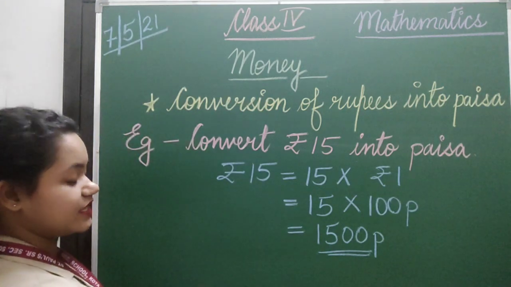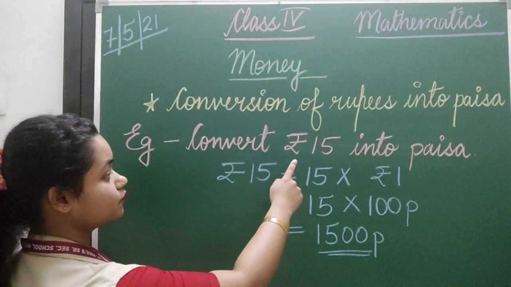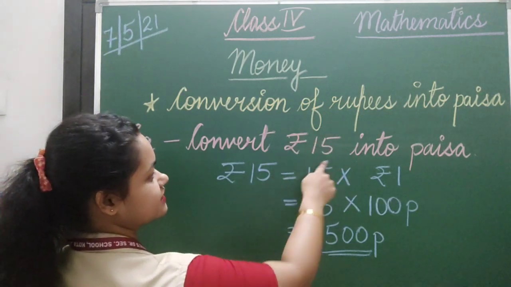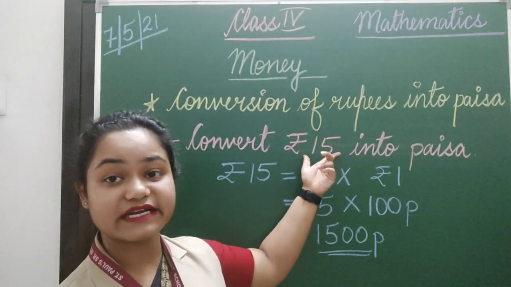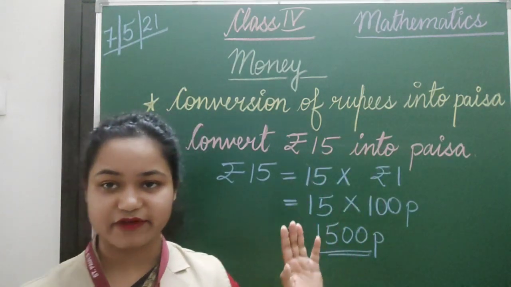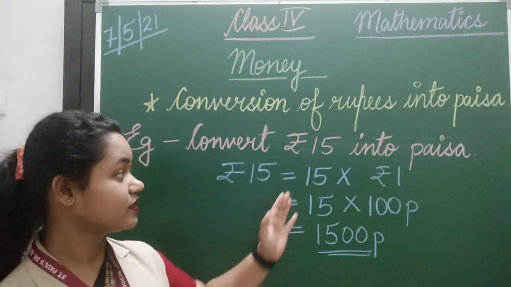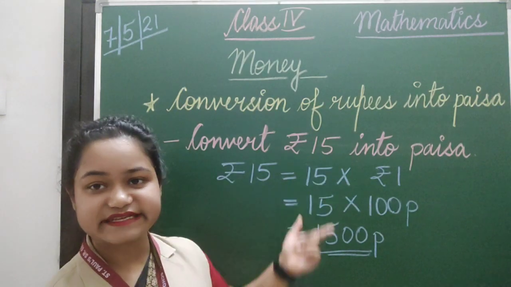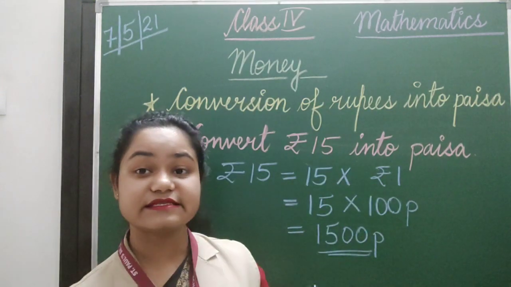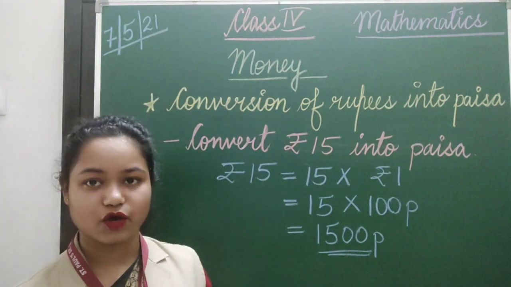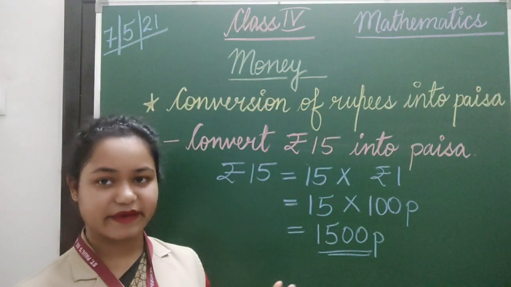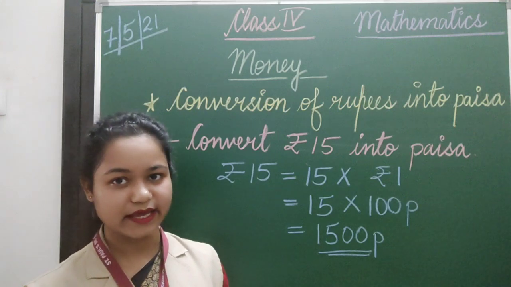Now, see the short trick. What you need to do is multiply the digit given with rupees with 100 straight away. Or else, you can write this number as it is and insert 2 zeros behind this number straight away, to convert it into paisa. I'll show you how.